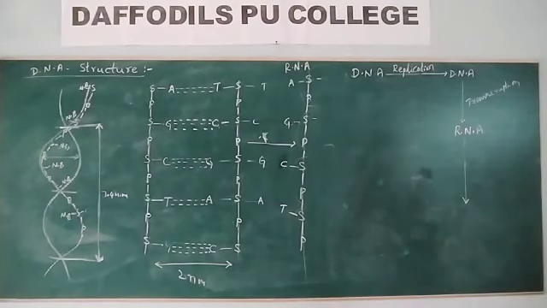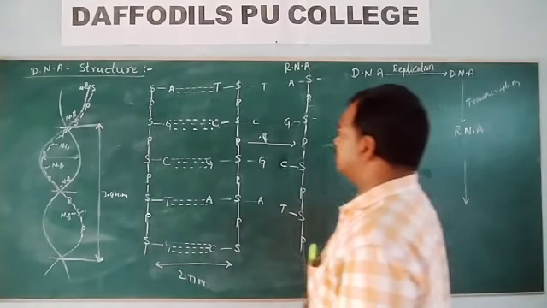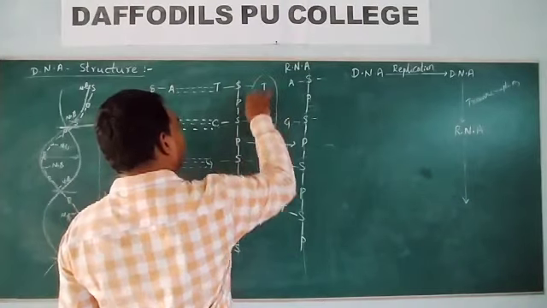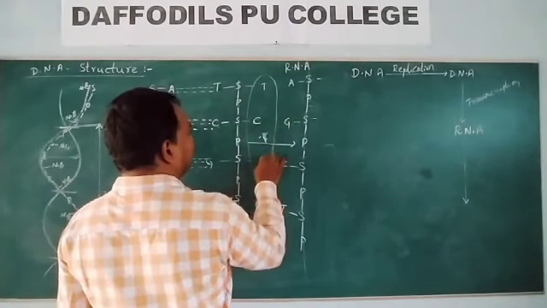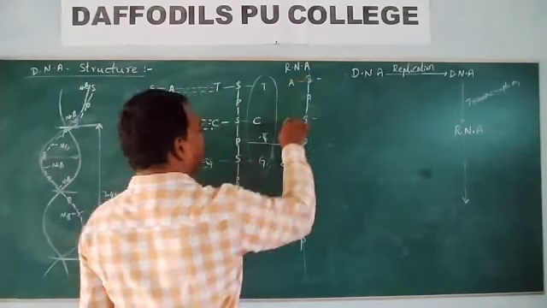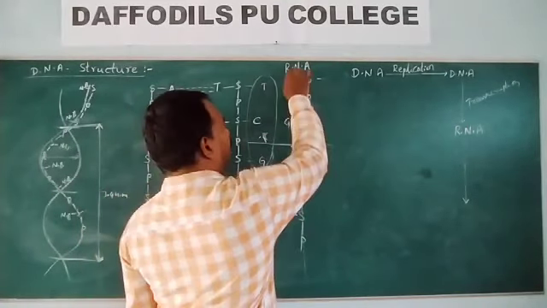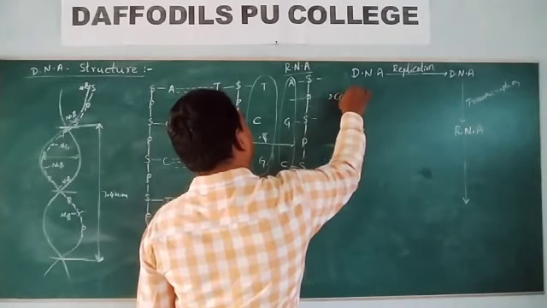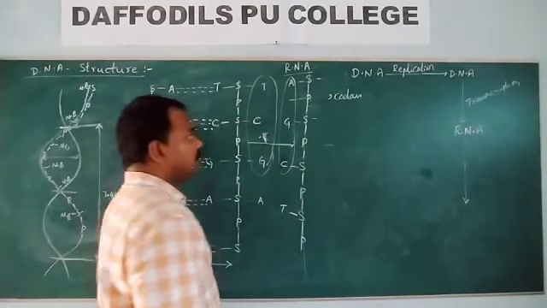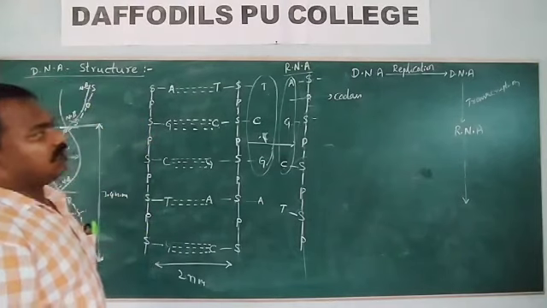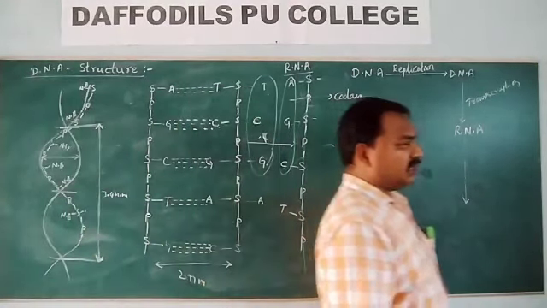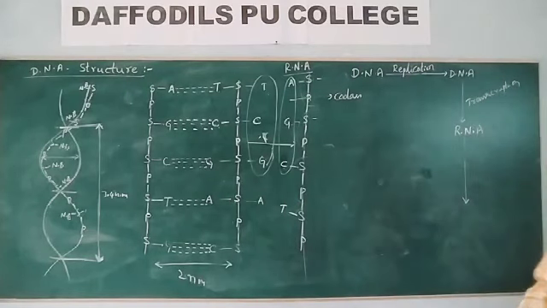After transcription, translation takes place in amino acid formation. Three nitrogen bases, 1, 2, 3, on the RNA strand are called a codon. Each codon represents an amino acid.